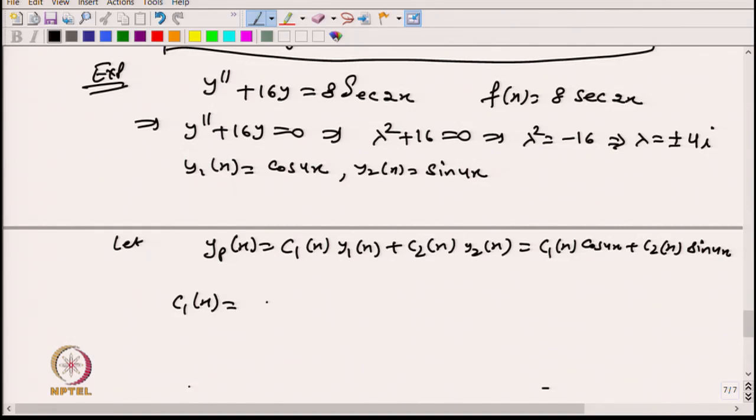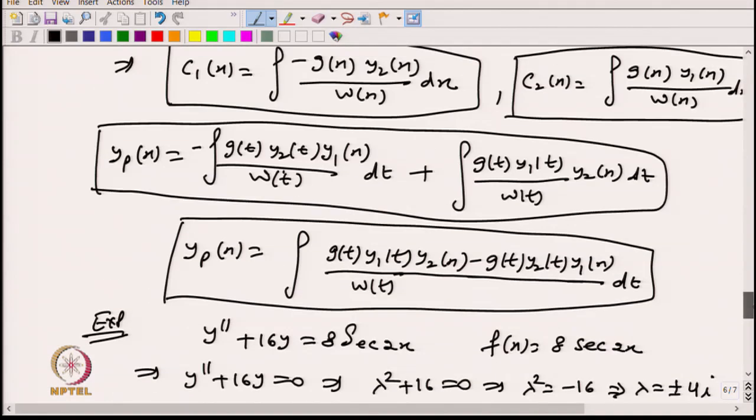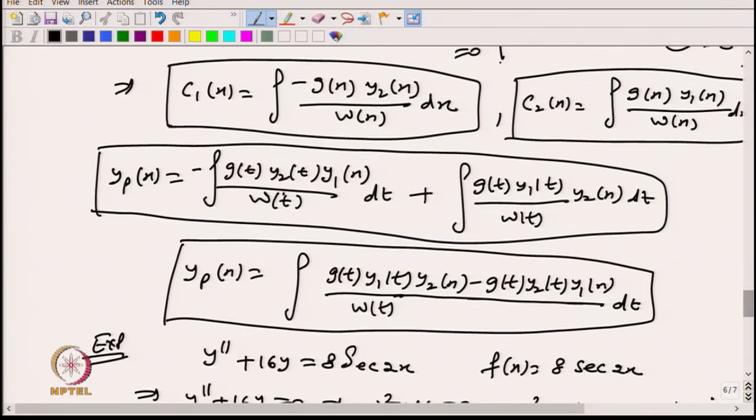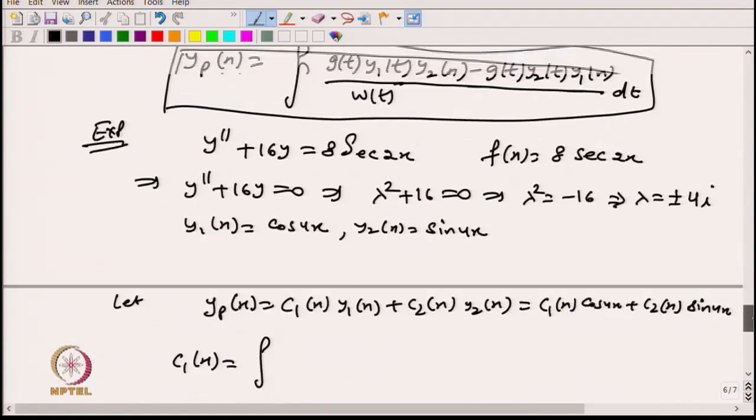So, c1(x) can be written as minus g(x) y2(x) over W(x).